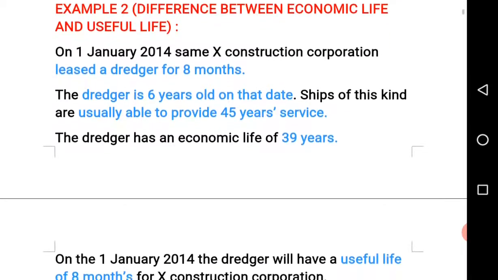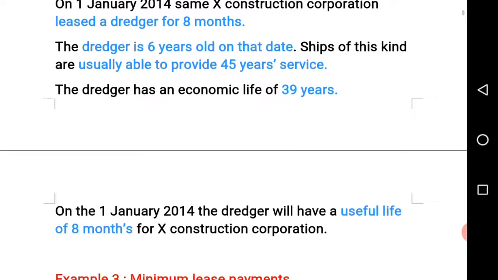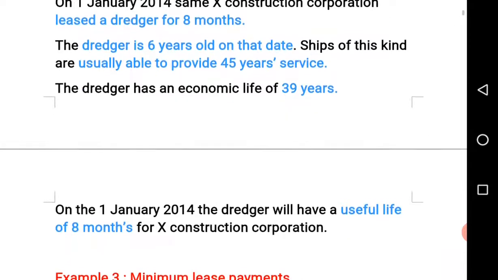The useful life is the period which the lessee would be able to use the asset and gain economic benefit from the use of the asset. And here it says, on the 1st January 2014, the dredger would have a useful life of 8 months for X Construction Company Corporation, which is the lessee in this question.